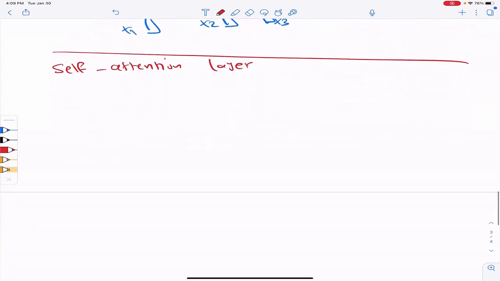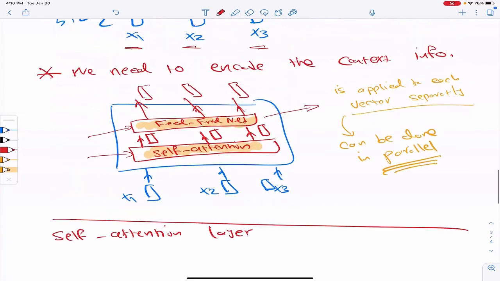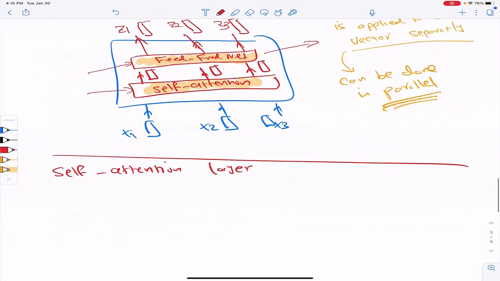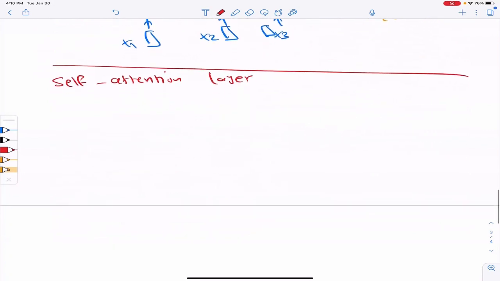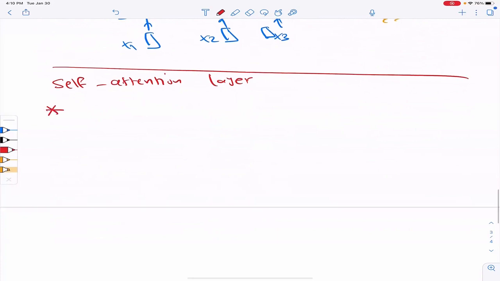And for simplicity, even though I was calling the output vectors Z1, Z2, Z3, for the self-attention, I'm also going to call the output Z1, Z2, Z3. I like the Z notation for my output, but you figure it out. Okay, so how about this design? I'll give you a choice. We'll see if you like it or not.